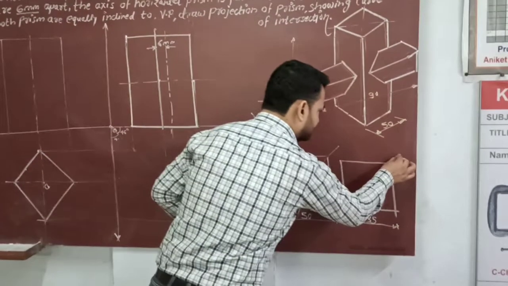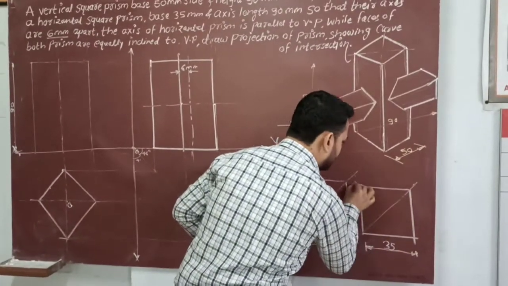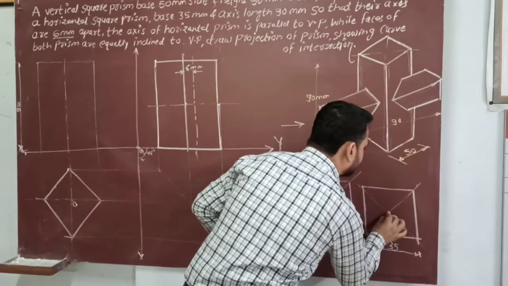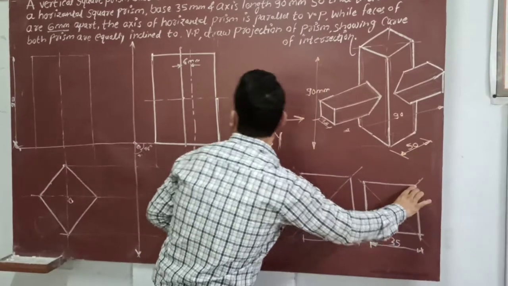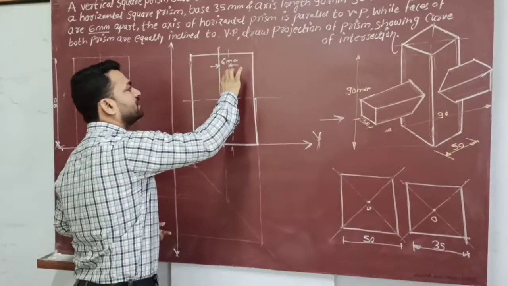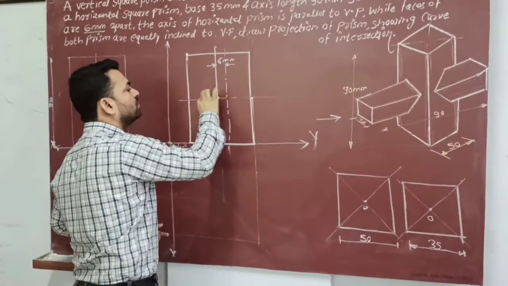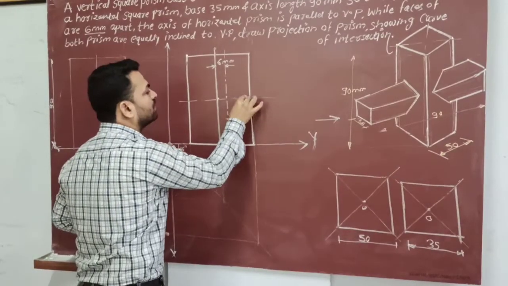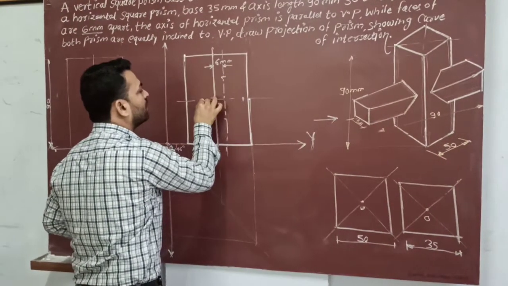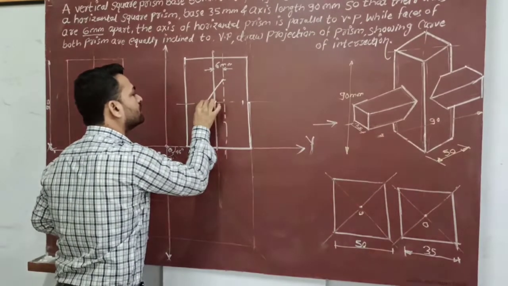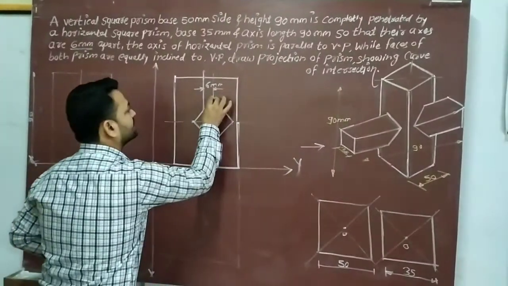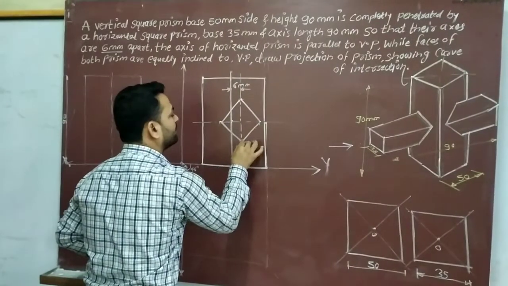Again, take the center point of the diagonal. Here, this is the O point. Take this distance in the compass. Similarly, we have to repeat the procedure. 1, 2, 3 and 4. So we have drawn this side view of the square prism.